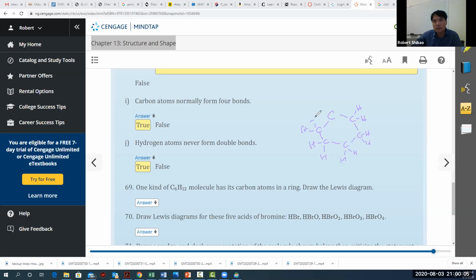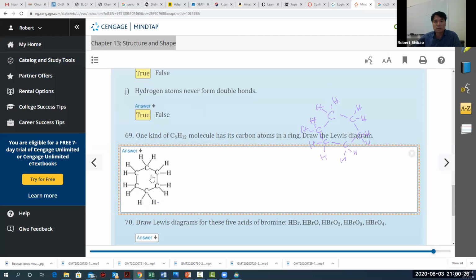And so this will give us C6H12. C6H12 is called cyclohexane, and this is the Lewis structure of cyclohexane.